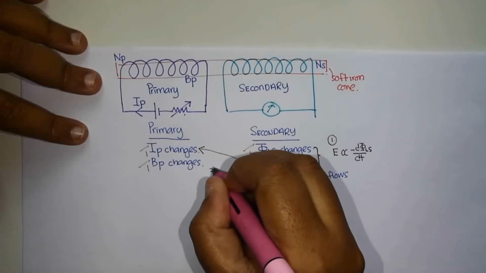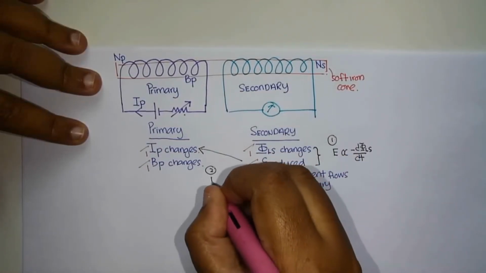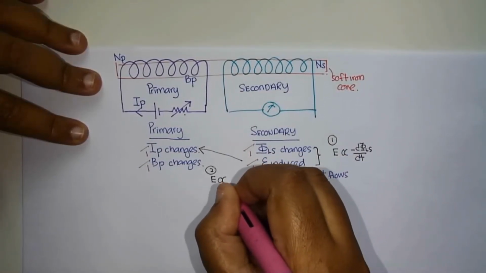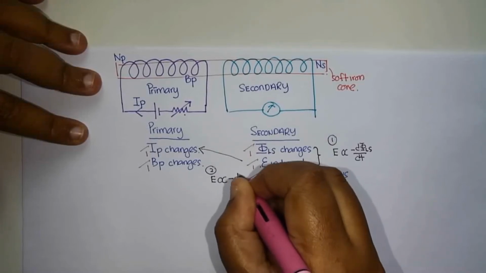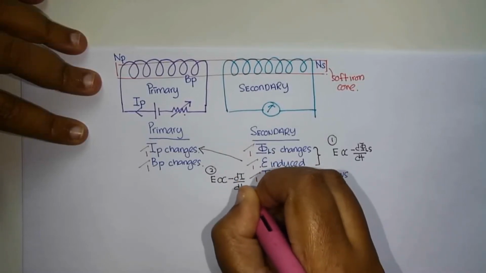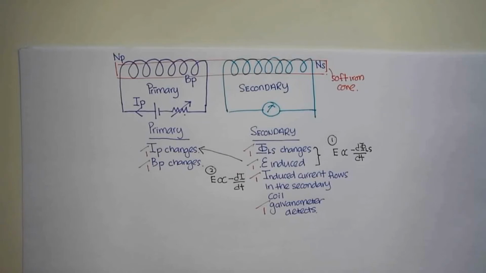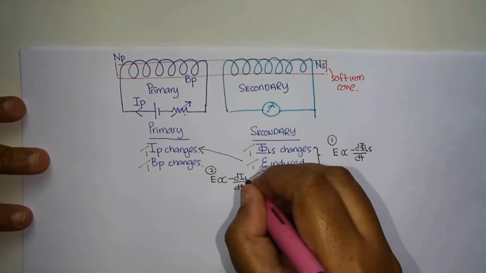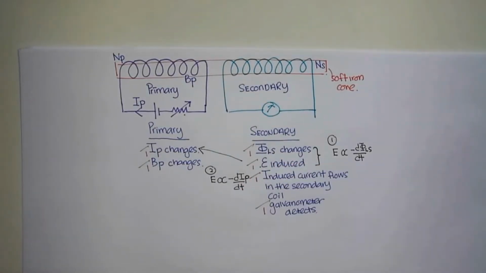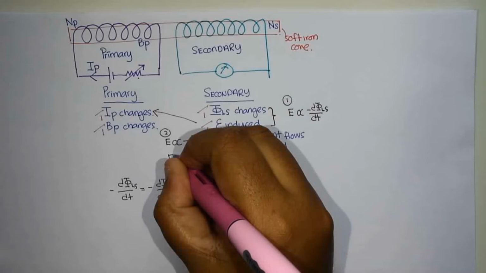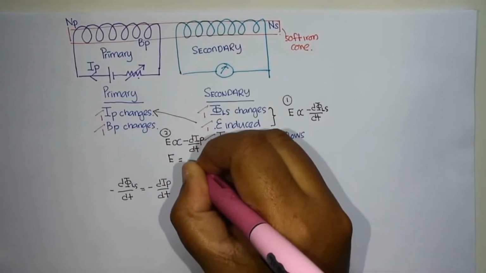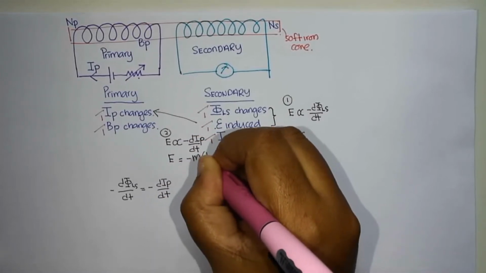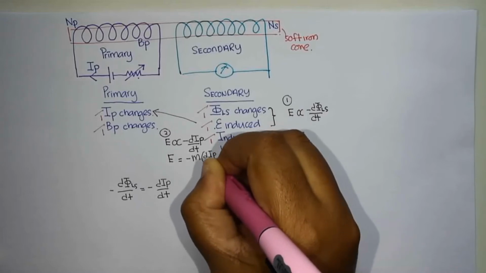So the second concept is that EMF is directly proportional to negative di over dt, which I'm going to specify again based on my example is the current in the primary coil. If I change it to an equal sign, it will be EMF equals negative M dIp over dt.